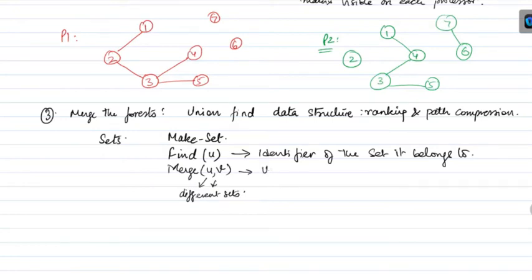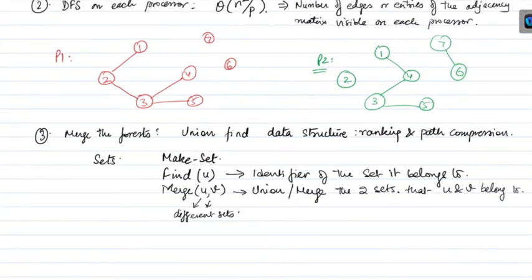It's going to take the union of the two sets, merging the two sets that u and v belong to. You could have specified the set identifiers instead of the vertices u and v. That's fine, you can have different interfaces for this. Either you specify two vertices or you specify the identifier of the sets. So this is basically the kind of operations we want to support.